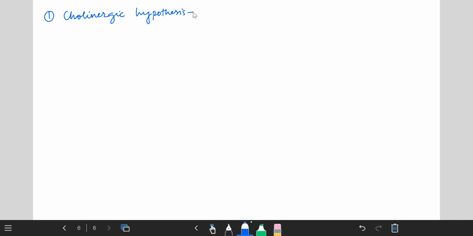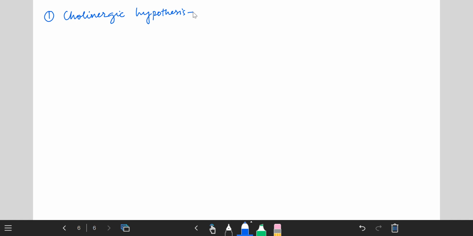Acetylcholine plays an essential role in cognitive functions. What are cognitive functions? Memory, attention, learning, etc. So if degeneration of these neurons takes place, there will be a decrease in acetylcholine concentration, which leads to cognitive dysfunction.